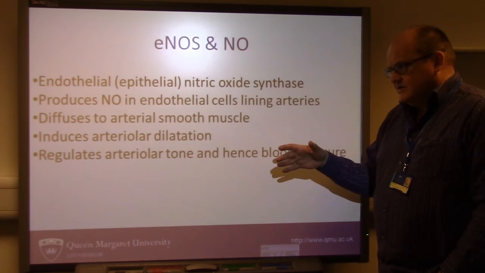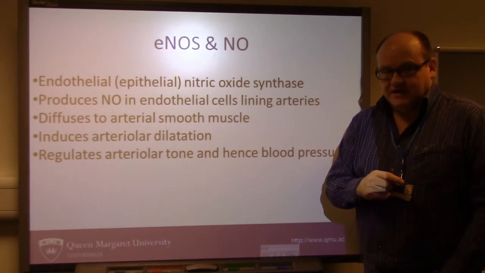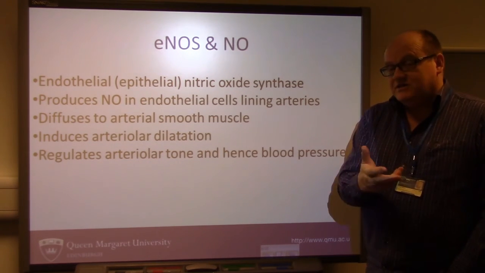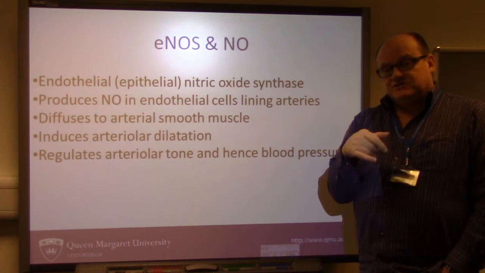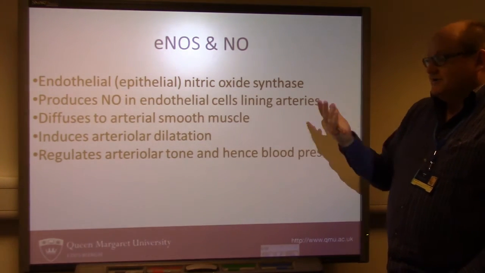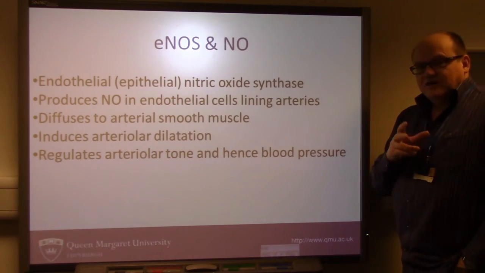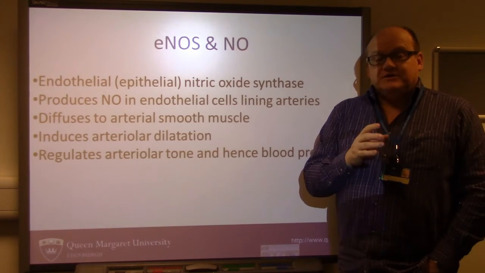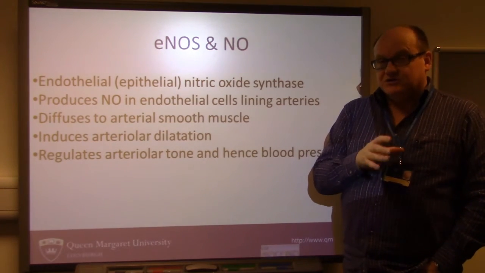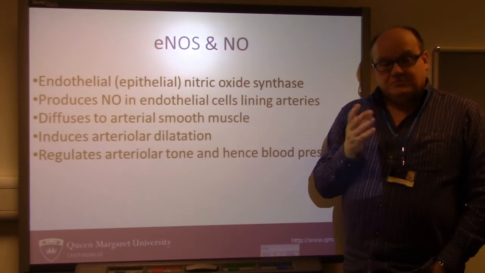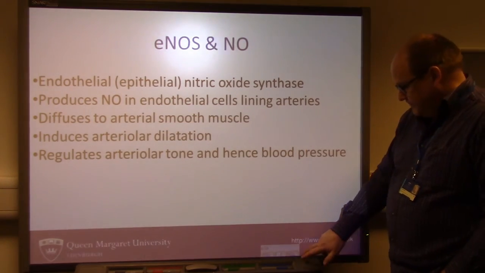And once it's there, as we saw in the previous diagram, it activates guanylate cyclase, which produces the conversion of GTP to cyclic GMP and gives you smooth muscle arterial dilatation. So therefore, that nitric oxide and this particular enzyme, they together play a critical role in the regulation of arterial tone and blood pressure as a result of that.